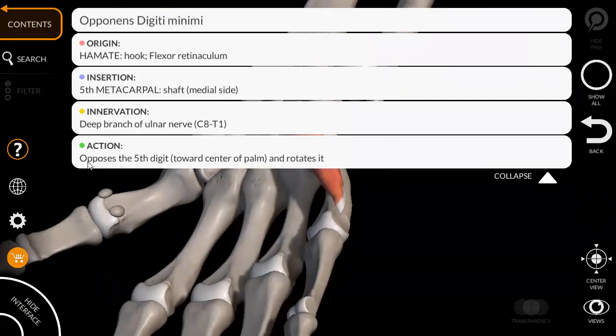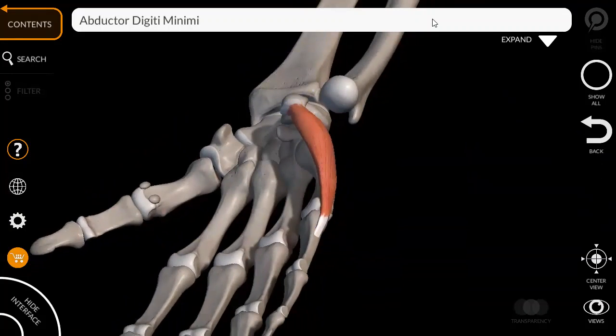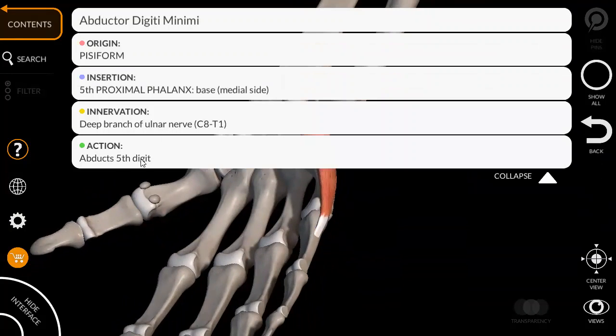Let's oppose this and rotate it. So there are four types of movements: abduction, adduction, opposition, and rotation.